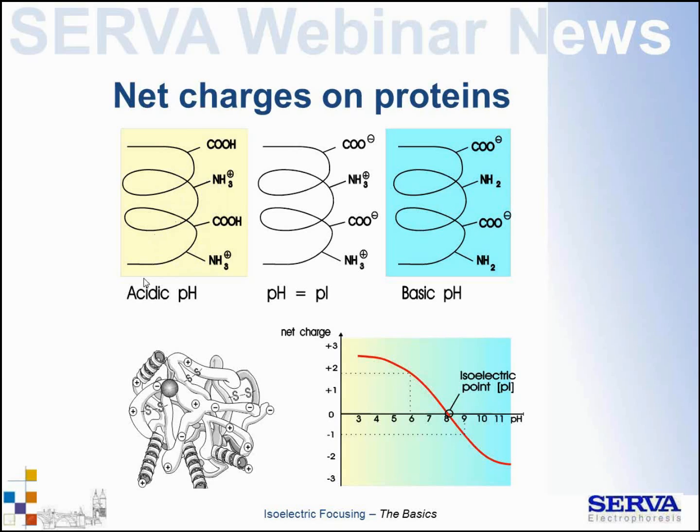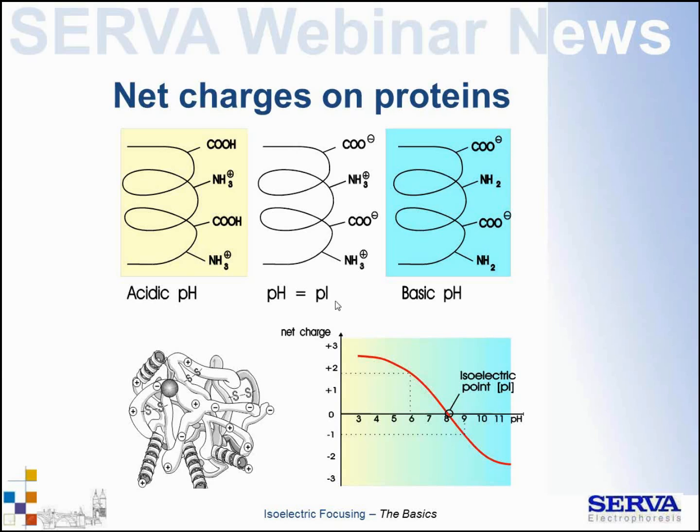And naturally, in between negative and positive net charges, there must be one situation where the negative and positive charges are the same, so the molecule becomes neutral and has a net charge of 0. And this is called the isoelectric point, which is very, very characteristic for each molecule.